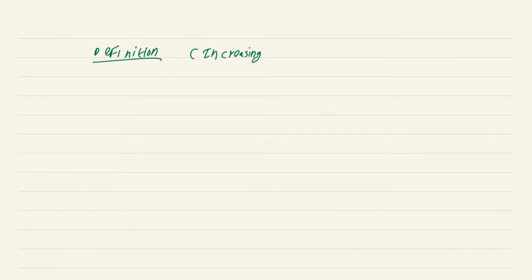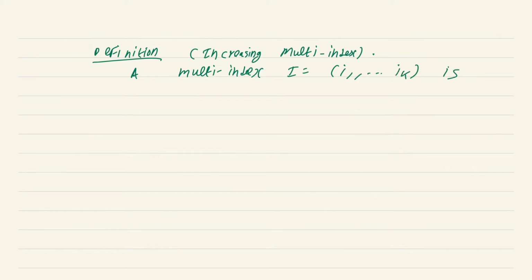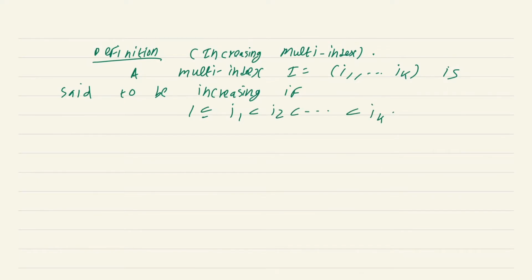Increasing multi-index. A multi-index I equal to (i_1, ..., i_k) is said to be increasing if 1 is less than or equal to i_1, less than i_2, less than ... less than i_k.